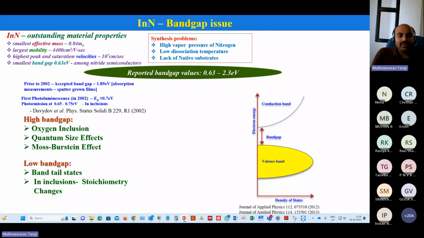Here, the Moss-Burstein effect is nothing but when you have a heavily doped semiconductor, the Fermi level shifts into the conduction band, and hence, if you do absorption or photoluminescence measurements in such a case, you will have a higher absorption edge. Like the absorption edge will happen at higher energy. So this is called the Moss-Burstein effect. Because of the band filling effects, the Fermi level shifts into the conduction band, and hence you will see a higher band gap.